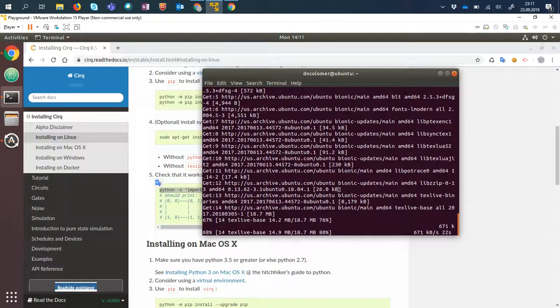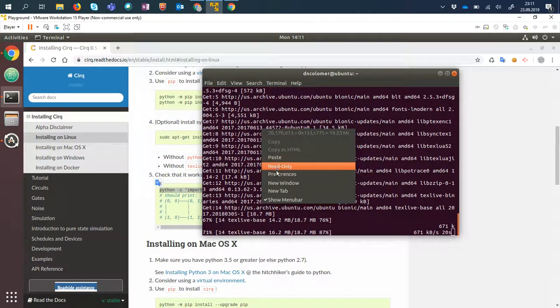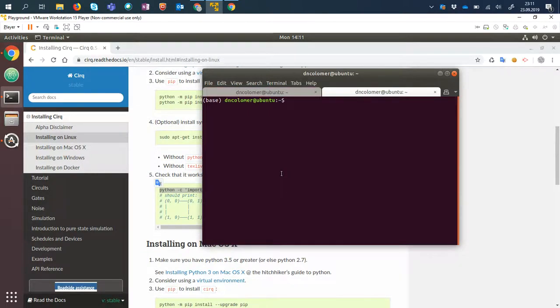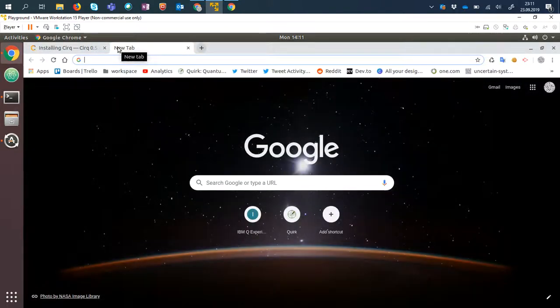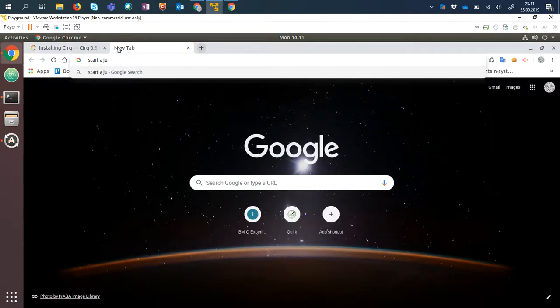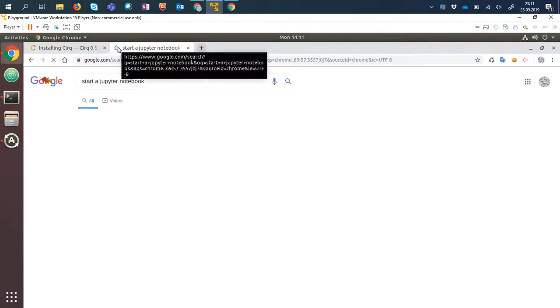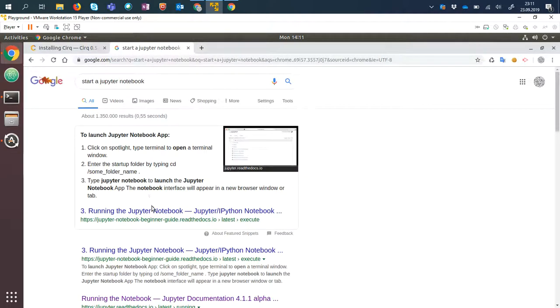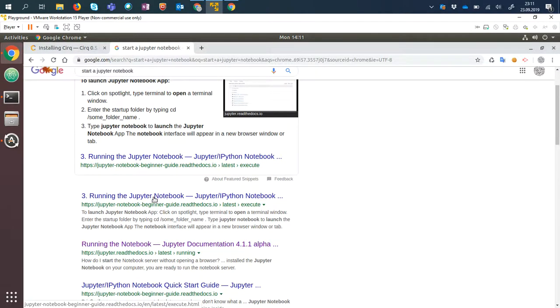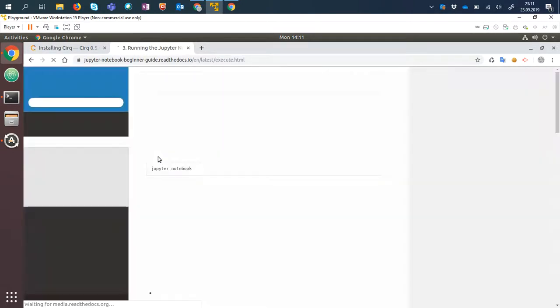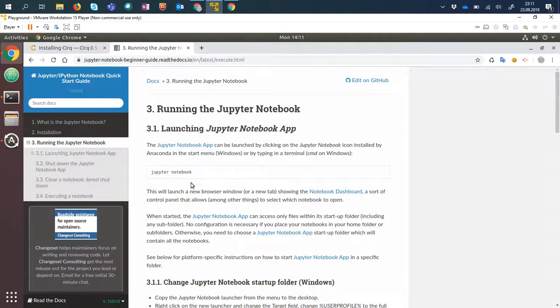I think I installed Jupyter the other day. New tab. It seems like so. Start a Jupyter notebook. How do I do that? Okay, it's simply jupyter notebook.